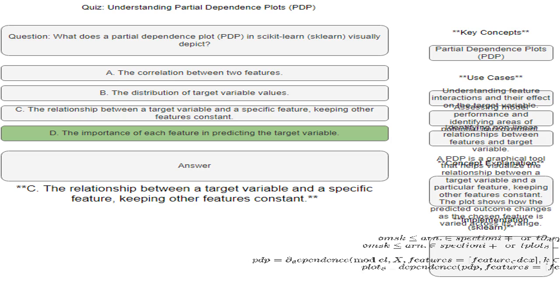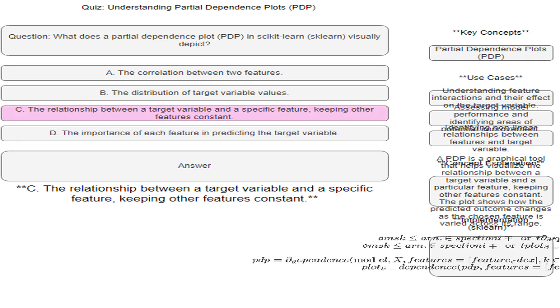D. The importance of each feature in predicting the target variable. False. Feature importance is typically assessed using techniques like permutation importance or feature coefficients in linear models. PDPs, while providing insights into feature relationships, don't directly quantify feature importance.